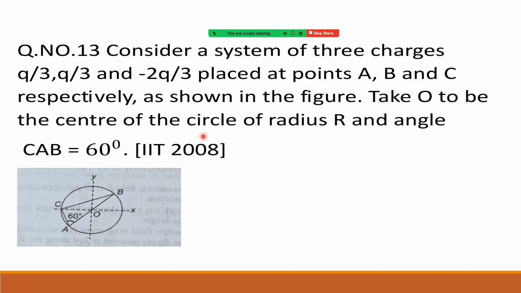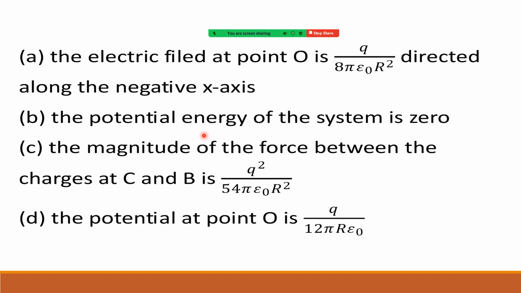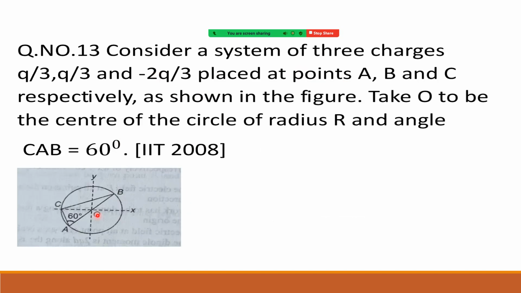I will make a diagram separately to make it clear what we have to calculate at point O, the direction of the field. I think this point we can directly verify. See once. At A, q by 3. At B, q by 3.